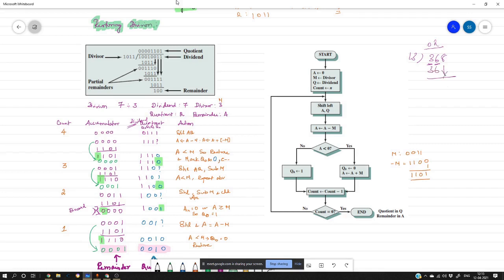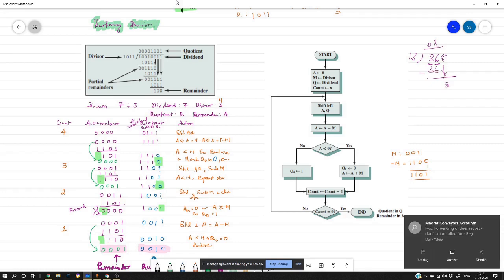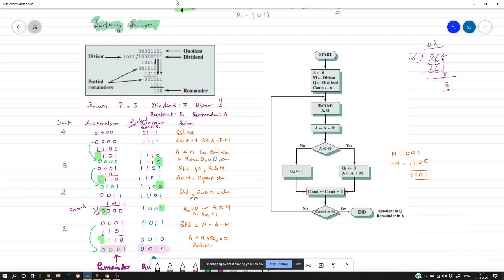You do the subtraction and bring down the next digit, and check whether the digit you have brought down is greater than 13. It is not greater. And if it is not greater, you try to pull one more digit down. But there are no values here, so we stop. This becomes the remainder and this becomes the quotient.